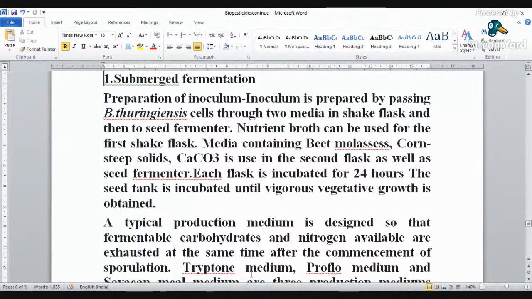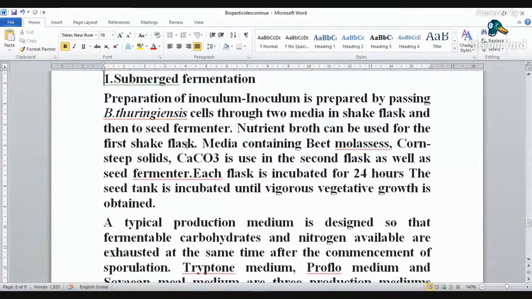Inoculum is prepared by passing the Bacillus thuringiensis cells through two medium flasks and then into the seed fermenter. Initially, grow the Bacillus thuringiensis culture in the first flask containing nutrient broth. Nutrient broth can be used for the first shake flask.